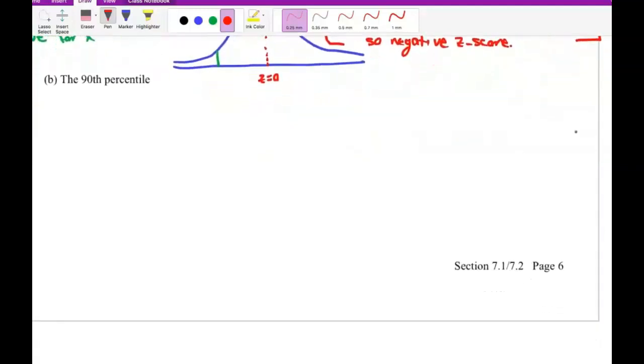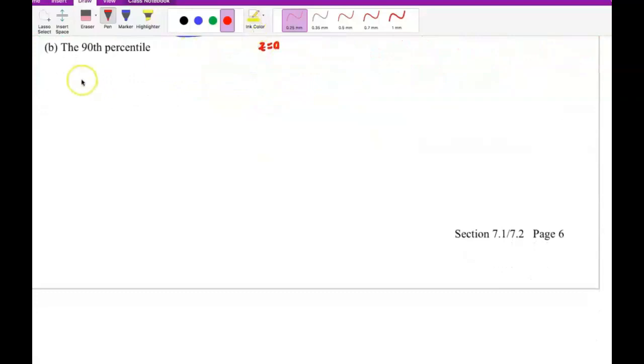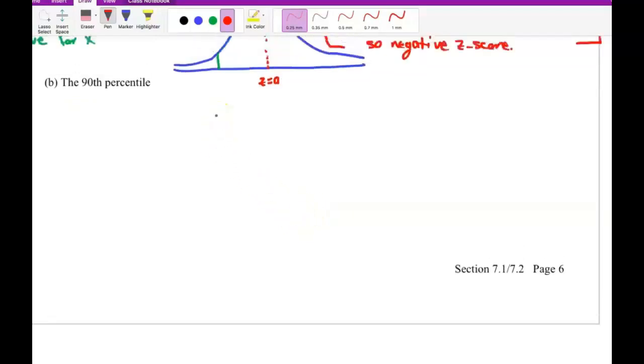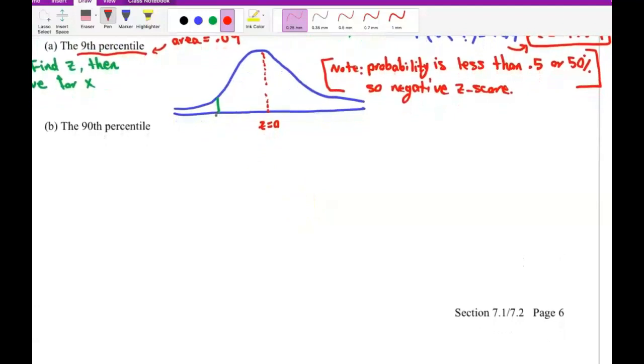Okay, now part B. On this part we have 90% because it's the 90th percentile. So here, 90th percentile means area is equal to 90%. In this case, probability is greater than 0.5 or 50%.